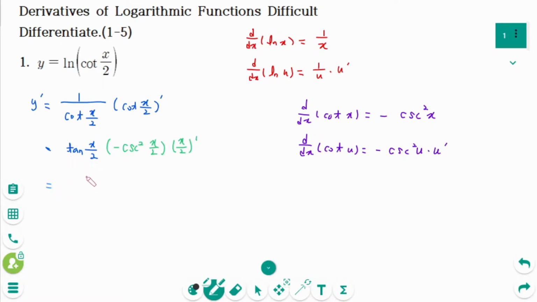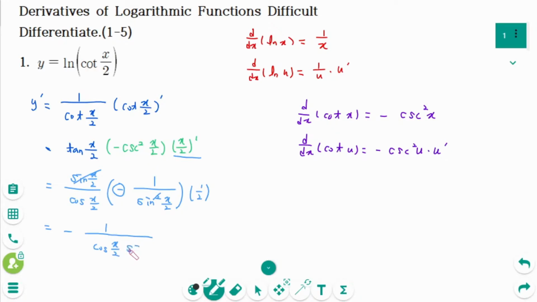We can rewrite as sine of x over 2 over cosine of x over 2 times minus 1 over sine squared of x over 2 times x over 2 prime, which is 1 over 2. Cancelling, we get minus 1 over cosine x over 2 times sine x over 2 times 1 over 2.